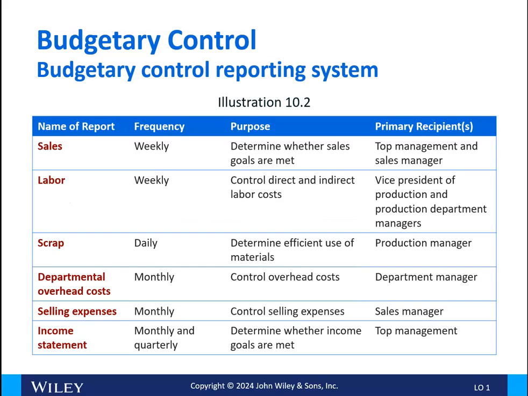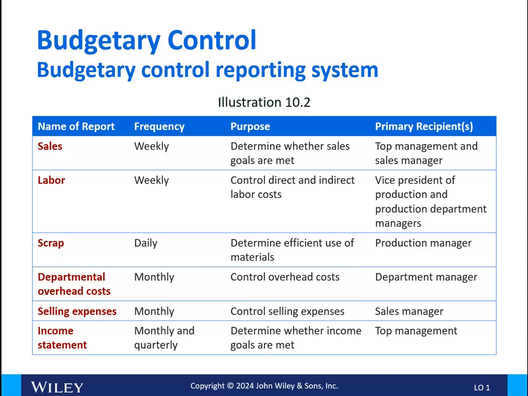Here are examples of different types of reports, their frequency, purpose, and primary recipients. Sales and labor are weekly reports. For sales, you're looking at whether the sales goals are met for the week, things you may have to do to improve sales, or whether you don't have to push as much if sales are going well.